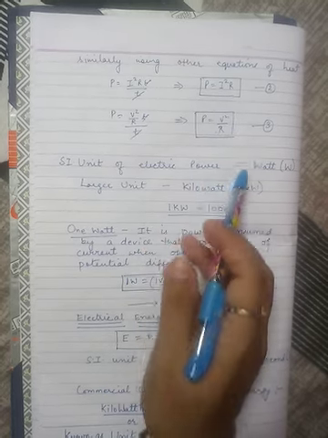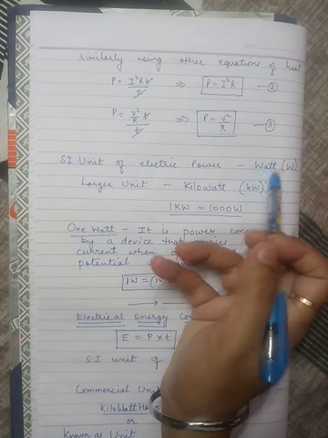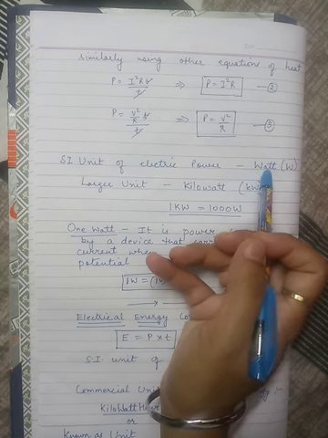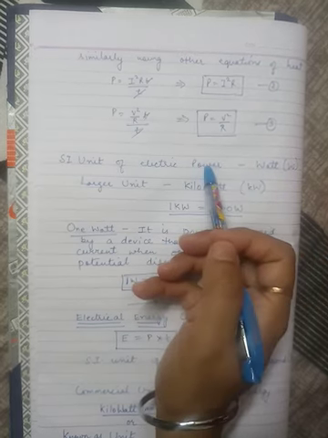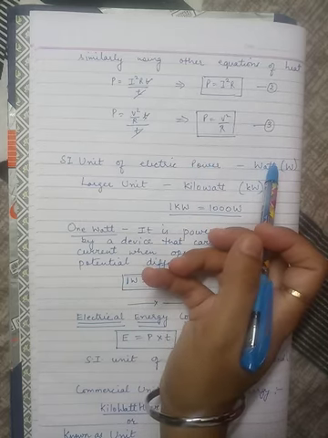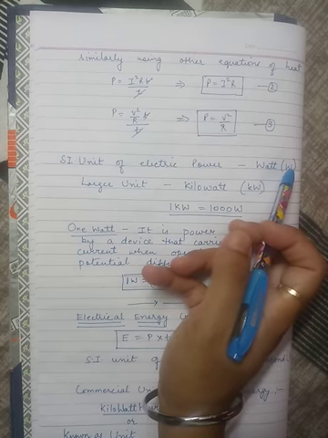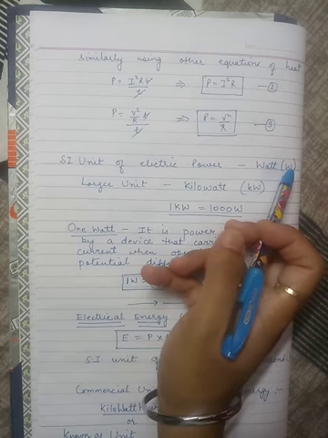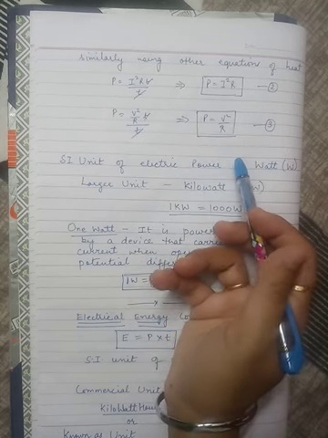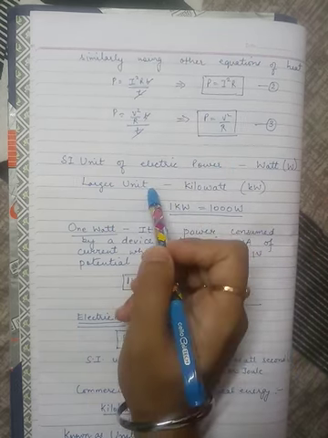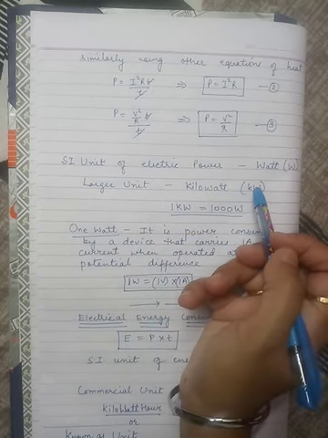Now what is the unit of electric power? That is again the same, that is watt. Power, we know the unit is watt, so electric power also has the same unit, watt, and it is represented by capital W. Since electric power is used in large quantity nowadays, the larger units are kilowatt, or megawatt also.